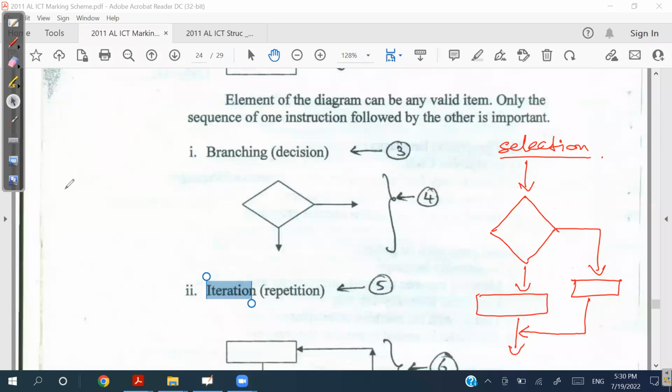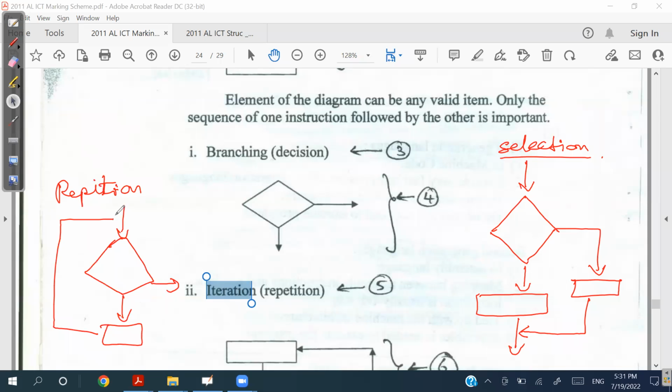For a repetition, what you can do is have the decision box, and in one part of the flow chart the iterative flow should be indicated. So that is iteration. The other part is going away from the iteration. So that should be shown properly.